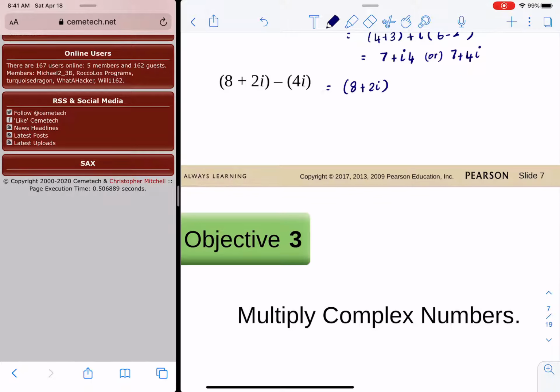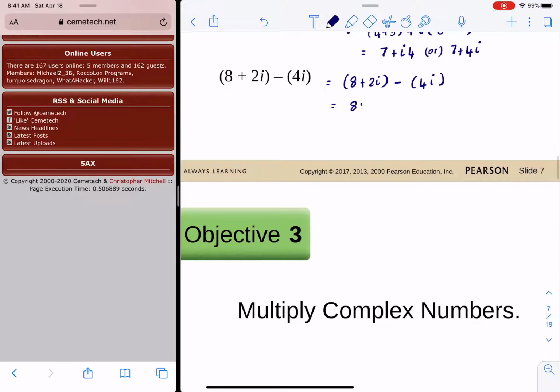So here we have 8 plus 2i minus 4i. And you may say, oh, there is no real part here, and it might lead to confusion, but I can write that 4i as 0 plus 4i. So I can combine the real parts. Let me expand this out.